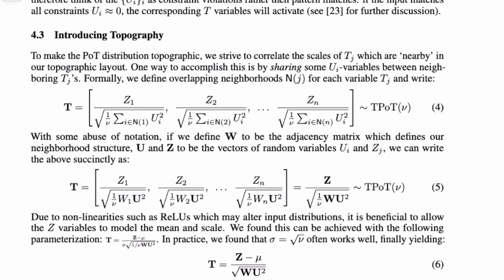Essentially, we're going to define neighborhoods across our u variables, and we're going to share the u variables according to these neighborhoods, and that's going to make the components of t dependent on each other.